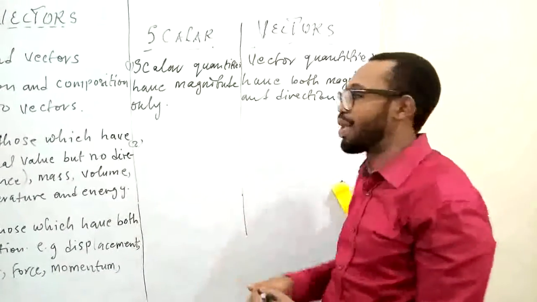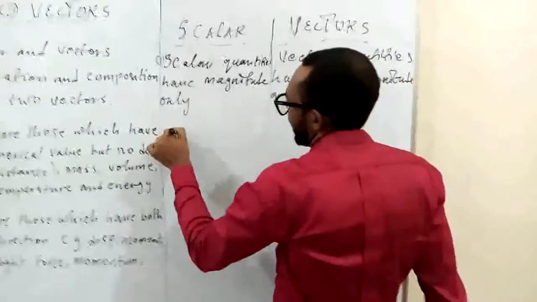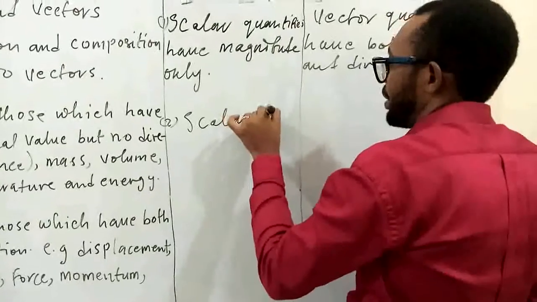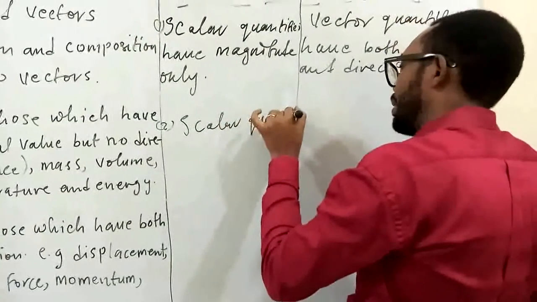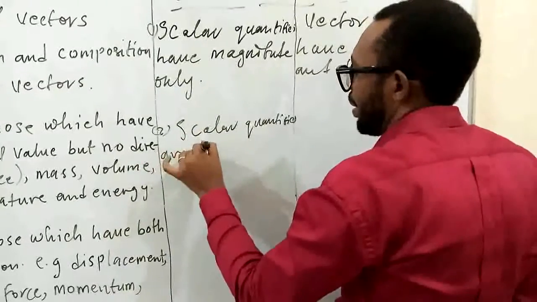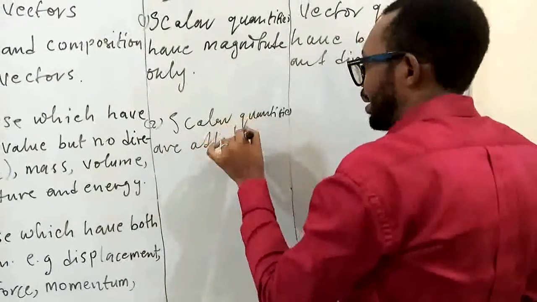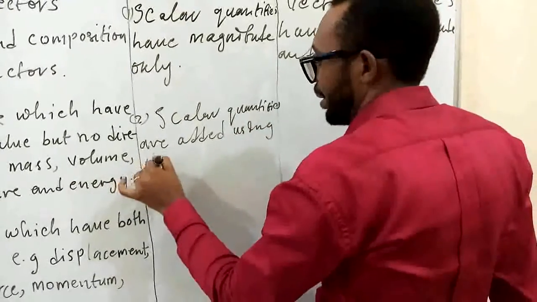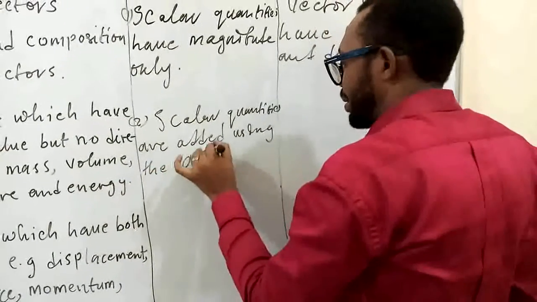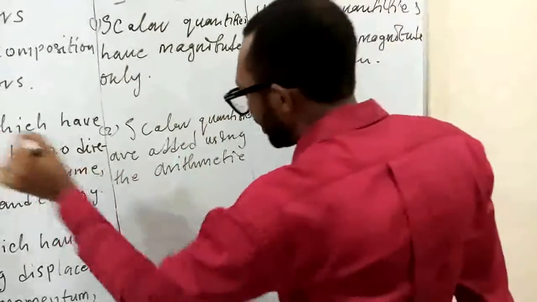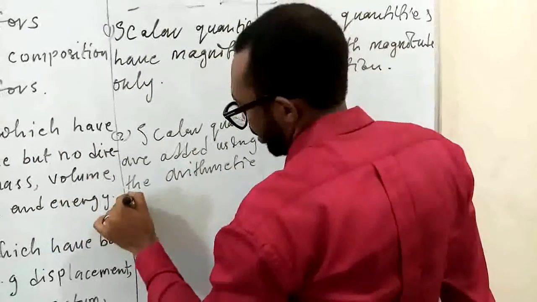You can say scalar quantities are added using the arithmetic process.